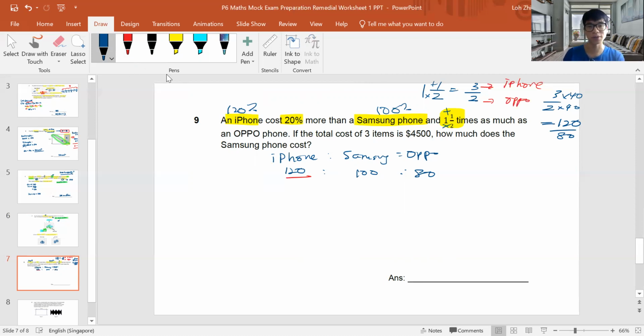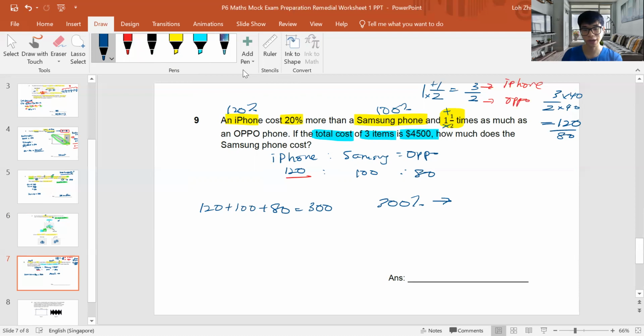That's all. Then we know that this is the proportion that we have in each of the phones. Now, what's the total? The total is 120 plus 100 plus 80. And that's equivalent to 300. Means that 300% is equivalent to what? Continue to read. The total cost of 3 items is 4,500.